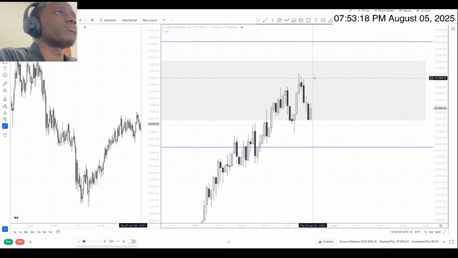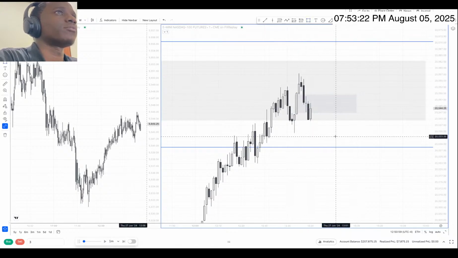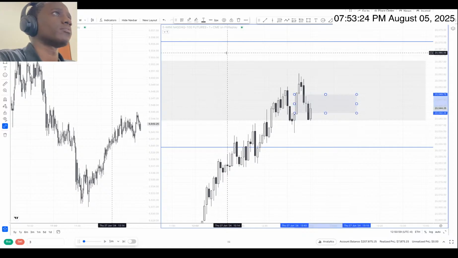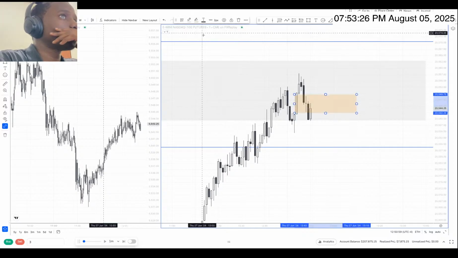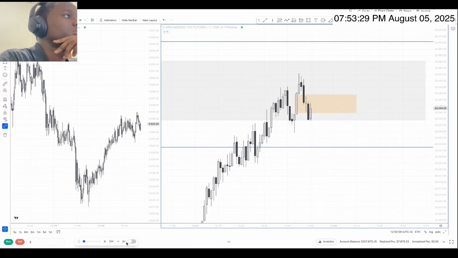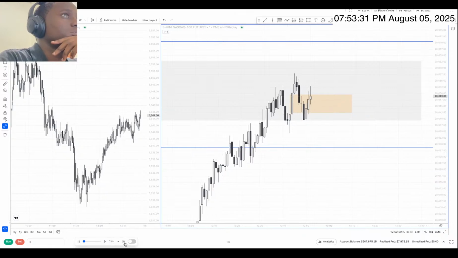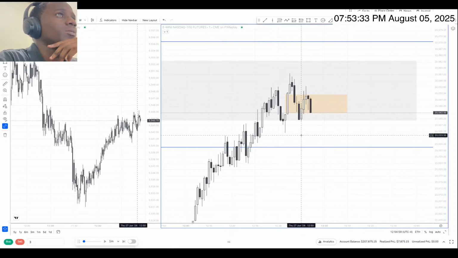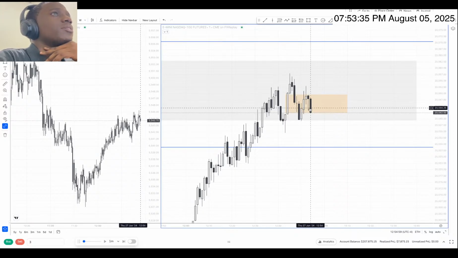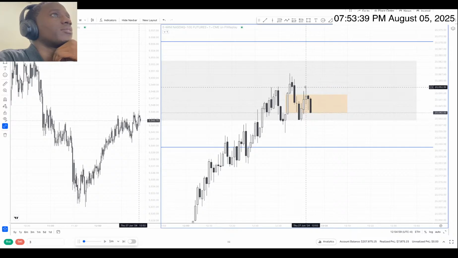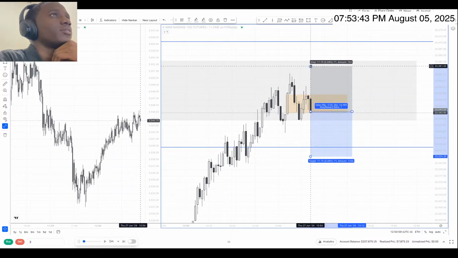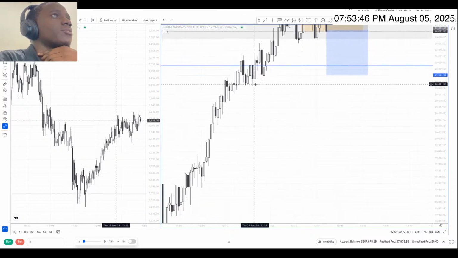So we have the sweep here, and we've created this inversion. So look at these candle closes. I'd honestly take this because of how the candle is closing, and we have an SMT. So here you can sell it and target this low resistance liquidity.